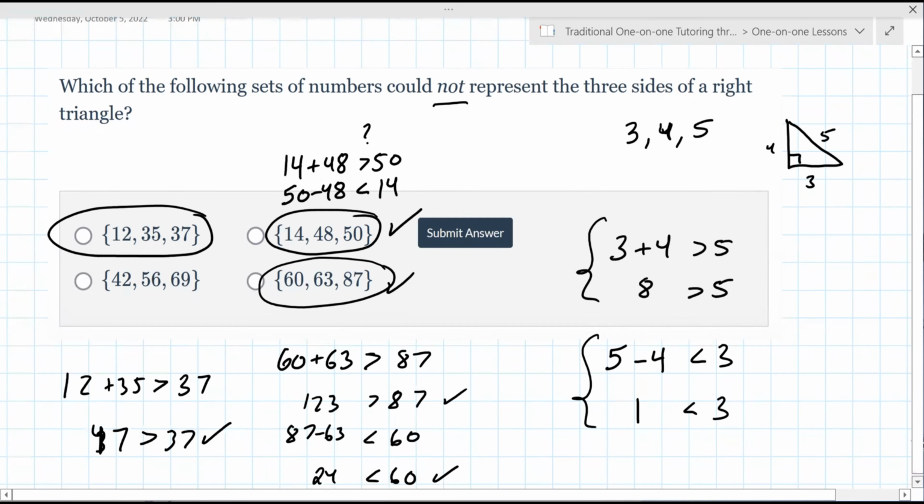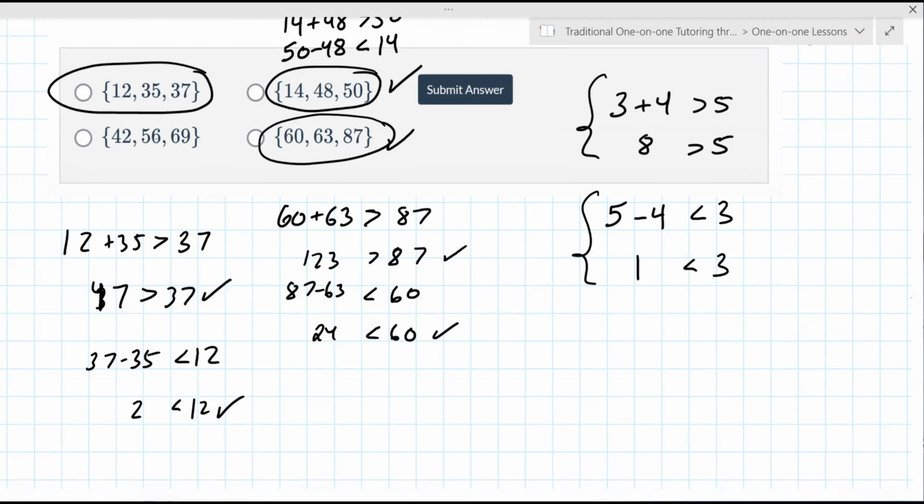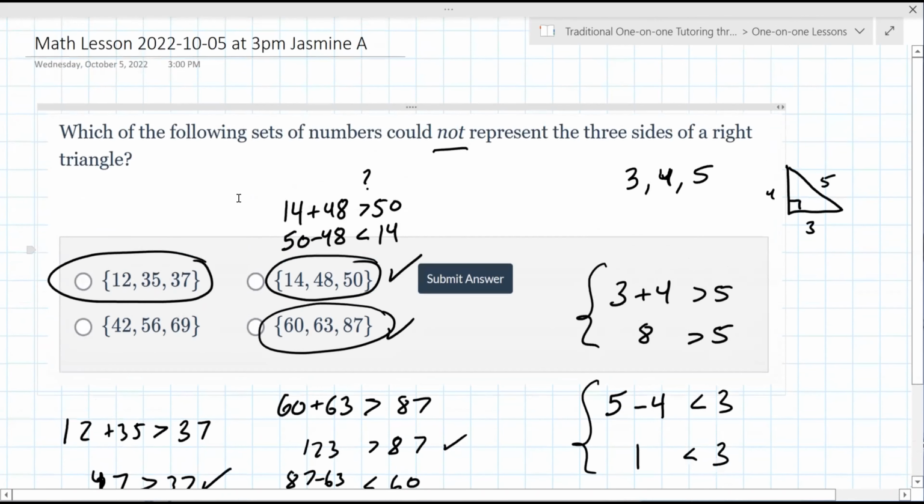But then you have to take the two larger sides and see, is that less than 12? And that is also good. 2 is less than 12. So it looks like the answer that does not work for us in this problem is the last one here. Although I think these all work. That's sort of odd.